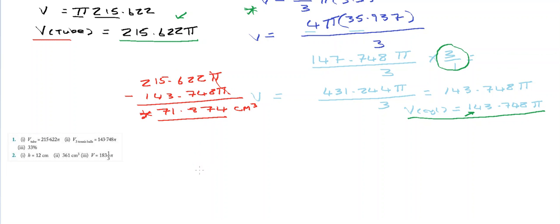It's going to be 71.874 divided by the total volume, which is 215.622 pi. Now be very careful because you're going to have to incorporate pi into this. So then you have to divide this by this. So let's work this one out.